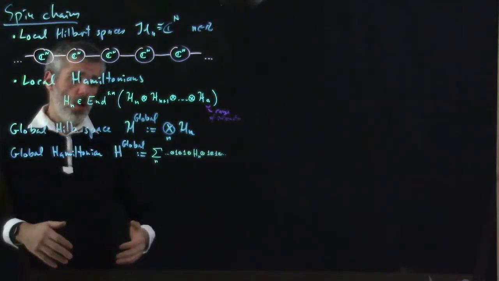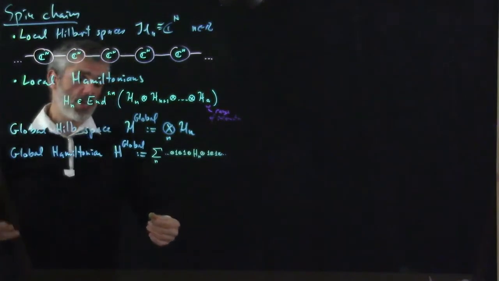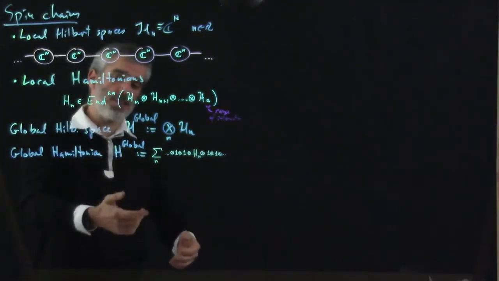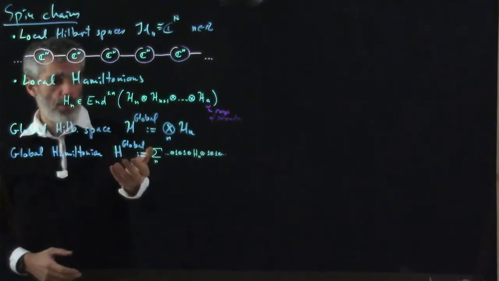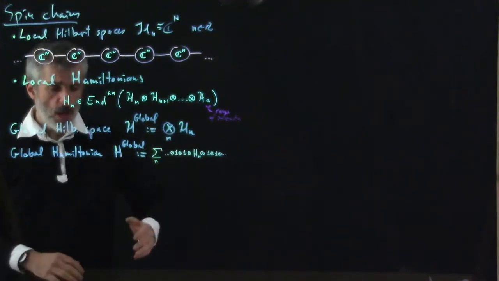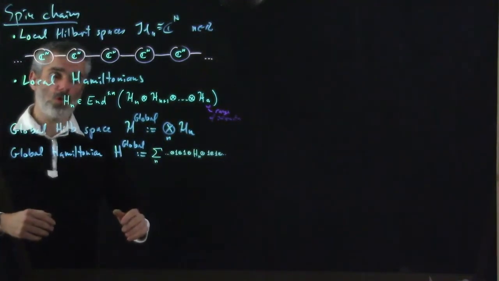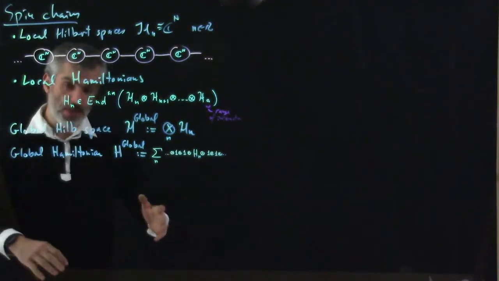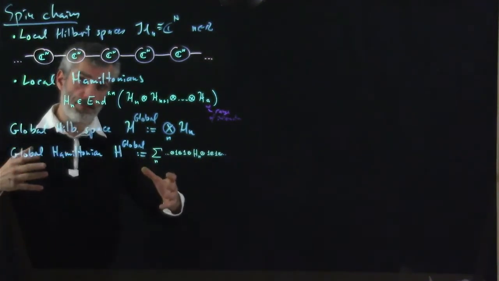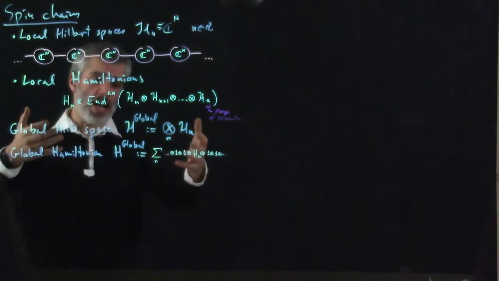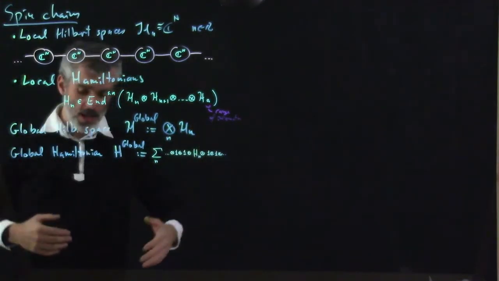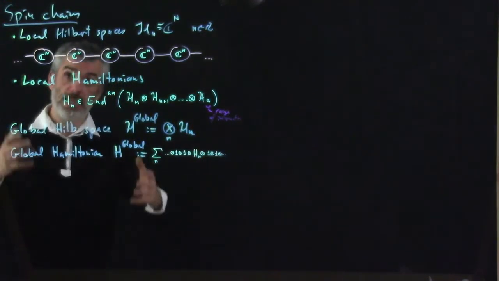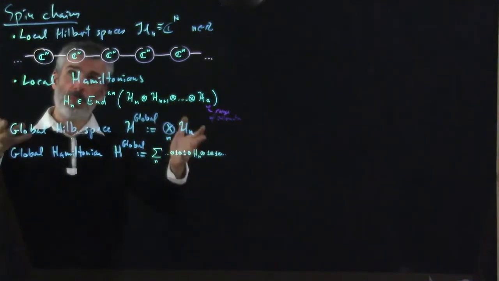And what people often try to do with that is to understand the spectrum of this global Hamiltonian acting on this global Hilbert space, but that's not what we're going to be interested in right now. What we're going to be interested in is that there's a notion of a fusion category or a tensor category acting on this, and it acts via defects. So let me tell you what defects are.